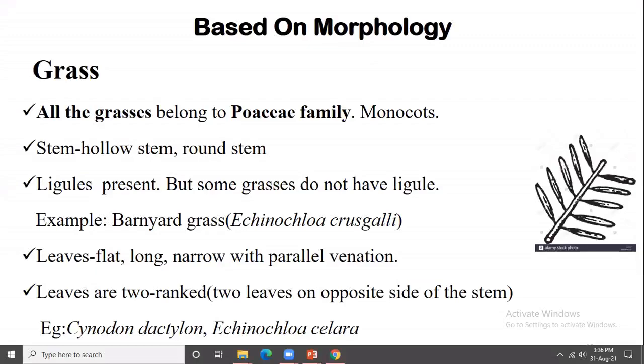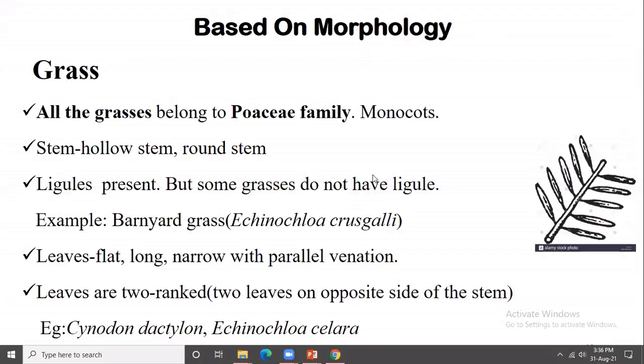All the grasses belong to the Poaceae family and are monocot plants. The stem has two types, hollow stem or round stem. Ligules are present; I will explain what the ligule is later. But some grasses don't have ligules. Some grasses have ligules and some grasses don't.